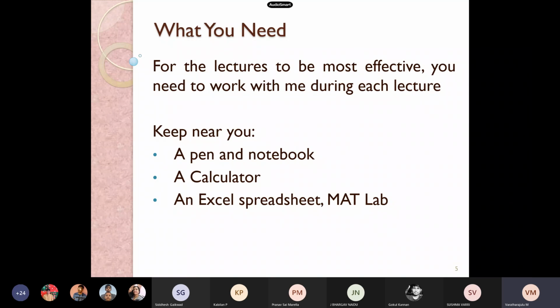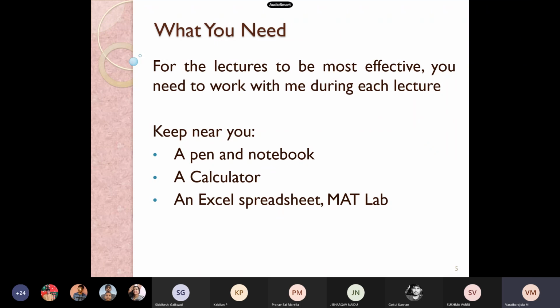So I request you to put a separate notebook, since one of the assignments is the submission of the notebook alone. So please put a separate notebook and copy down the things which we are going to disseminate in every class. And the second essential thing is a calculator, preferably fx-991 MS or ES.